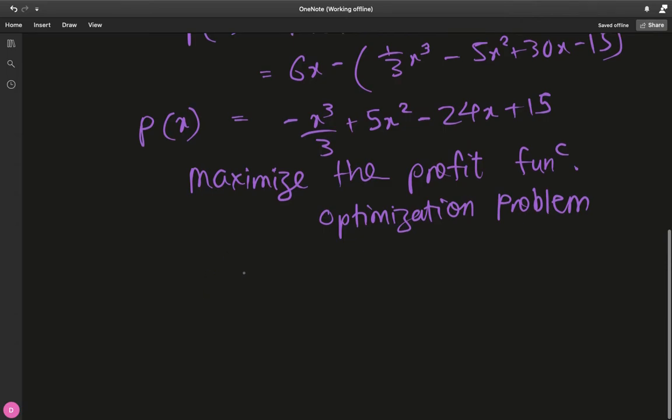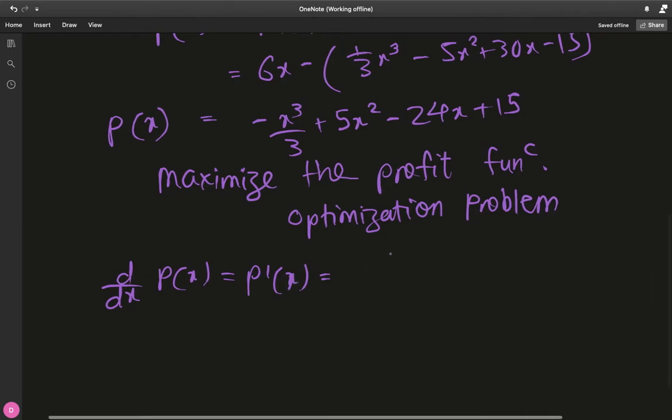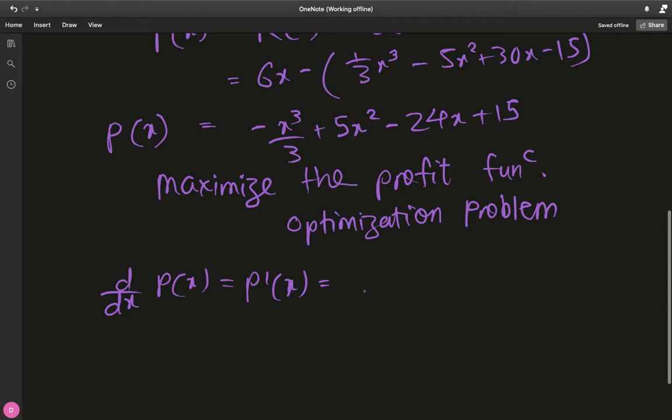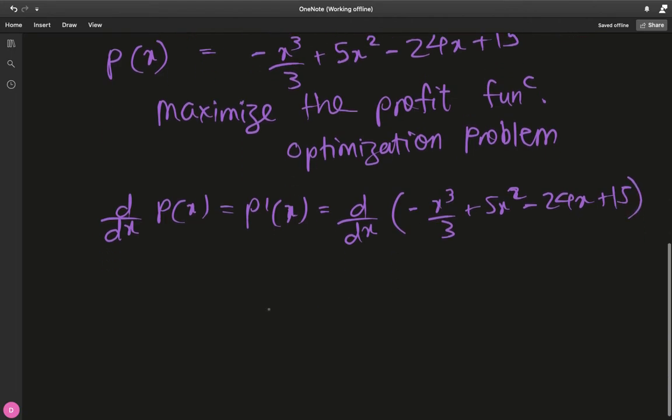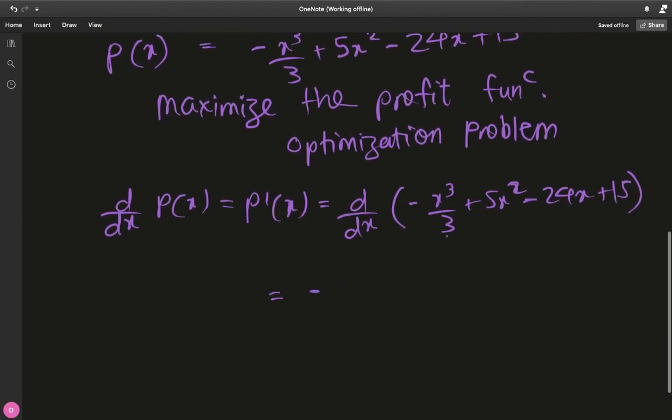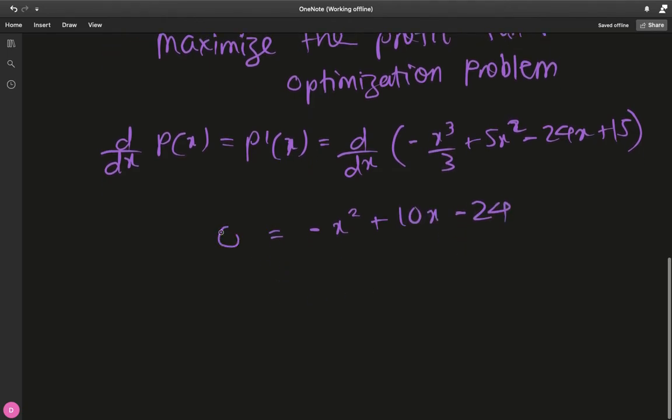So to do that, we need to calculate the derivative and set it to 0. So d over dx of p of x, call that p prime of x or the marginal profit, is derivative with respect to x of negative x cubed over 3 plus 5x squared minus 24x plus 15, and that will become negative 3 and this 3 will cancel, x squared plus 10x minus 24, and we need to set that to 0, right?